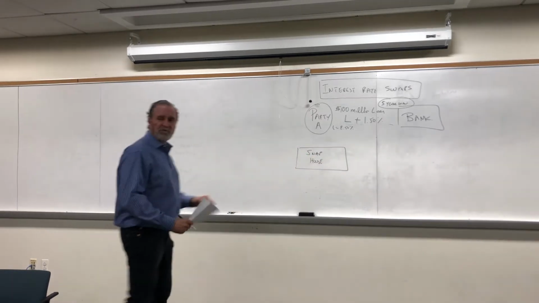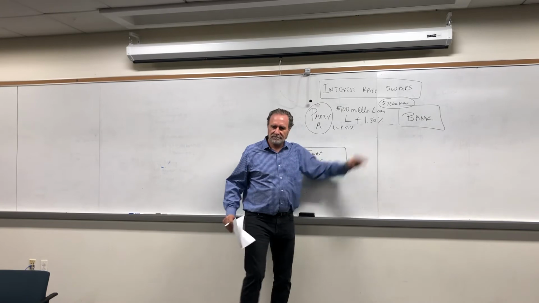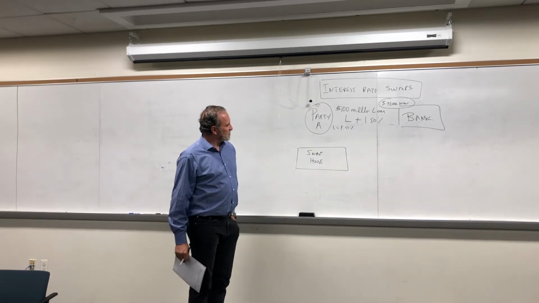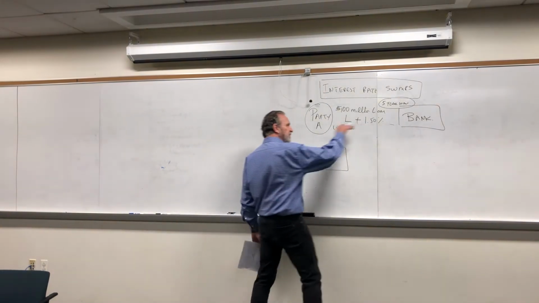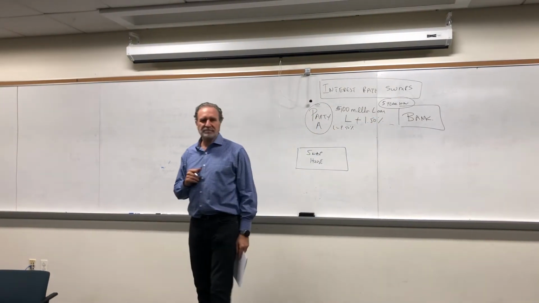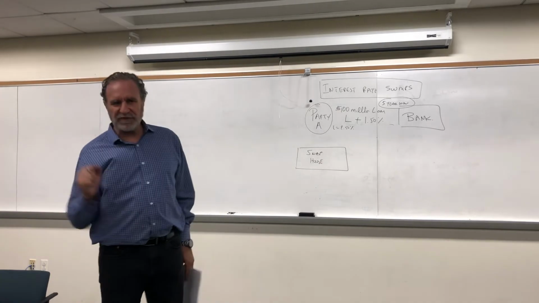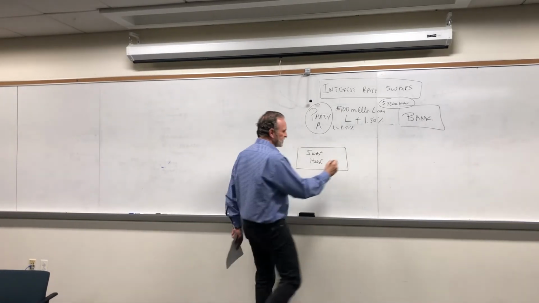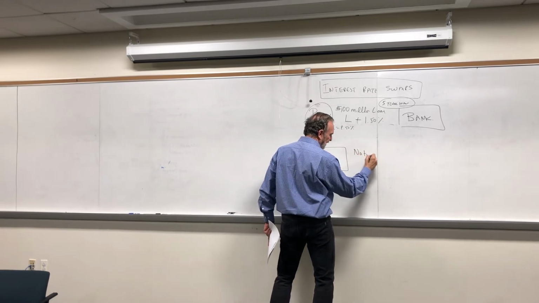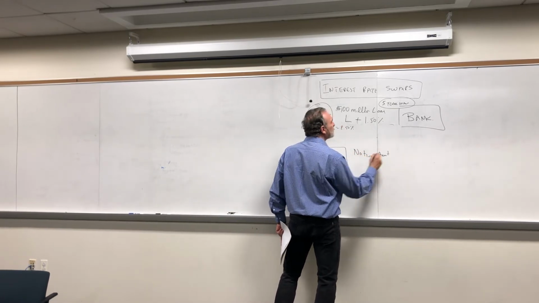And you tell them your problem. And the swap house says, I have a solution for you. Continue paying the LIBOR plus 150. We don't even have to tell the bank you're doing a swap. We're going to do some kind of so-called notional amount. I'm going to explain that. Notional amount to cover your 100 million.